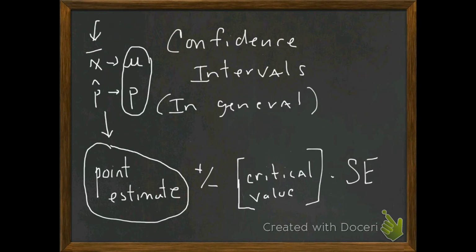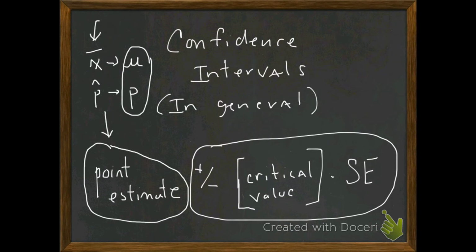But we know there's nothing special about our sample, so we have to add and subtract margin of error. That's the part that happens over here on the right side. The critical value depends on the underlying probability distribution that models our problem.